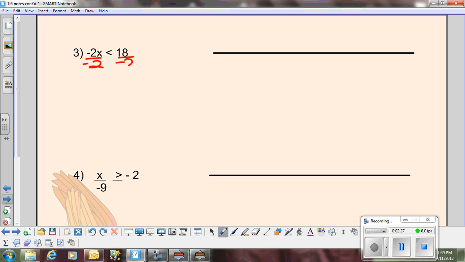Now here comes the spot where it's different than an equation. You have to flip the direction of your less than or greater than sign. So it's now x is greater than negative 9. When you divide by a negative number, change the direction of your less than or greater than sign.